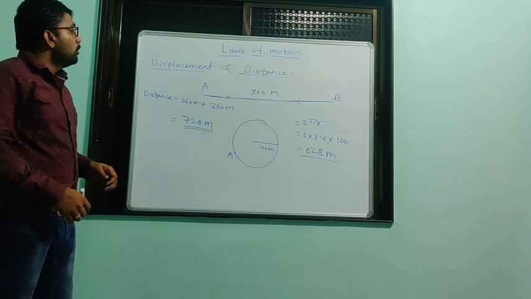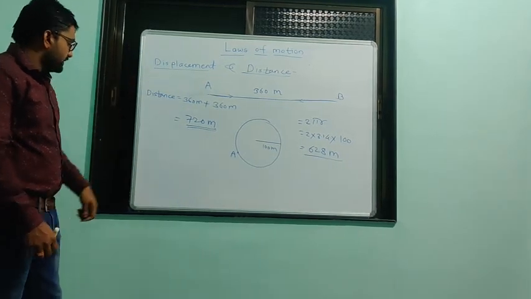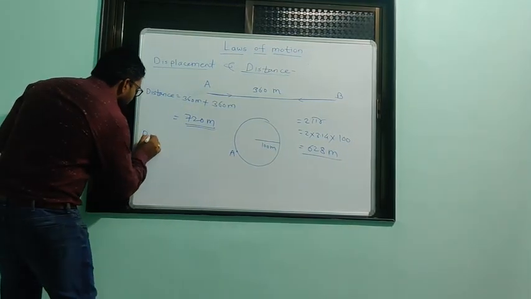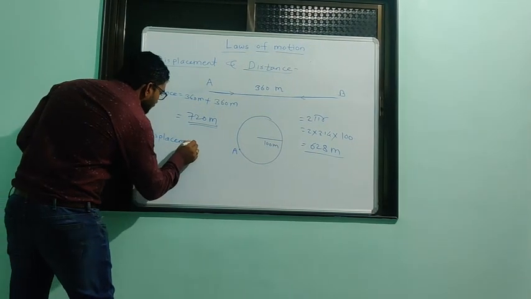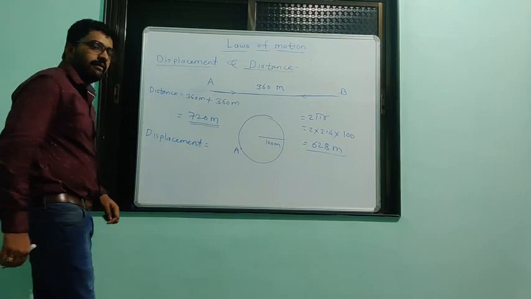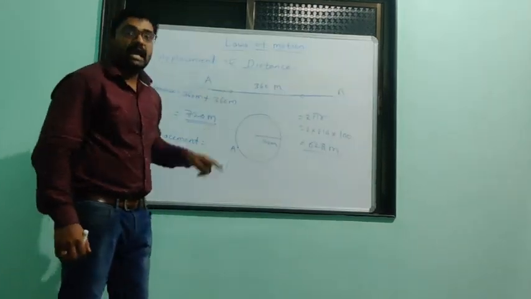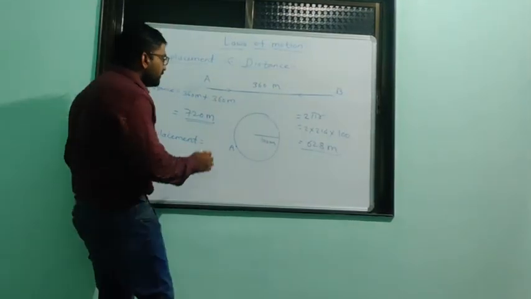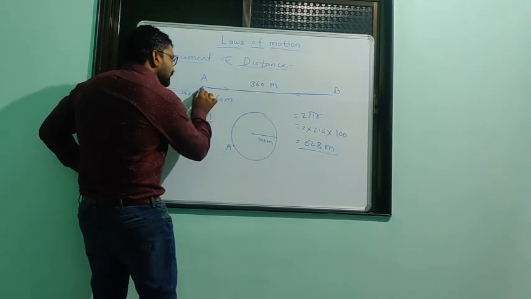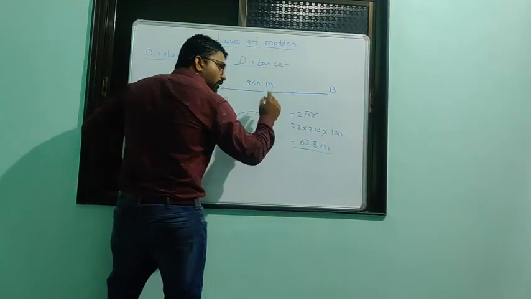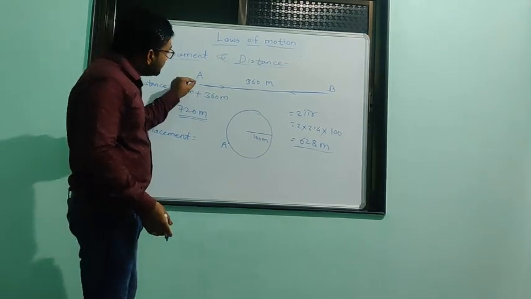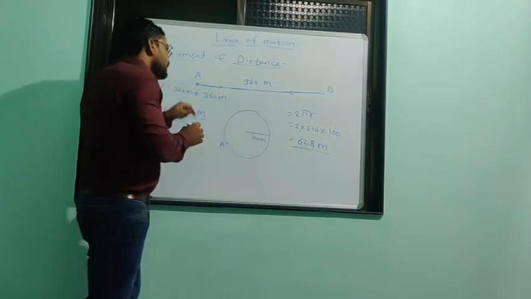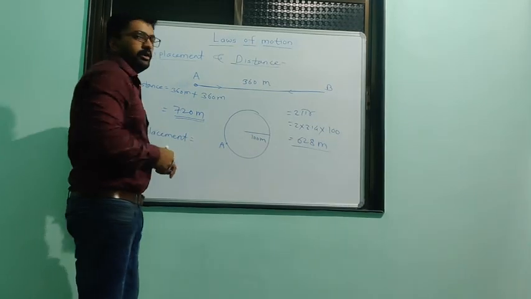Now what about the displacement? Displacement is the minimum distance between the initial point and the final point. First the car starts from here, goes toward point B and again comes back to point A. So it initially starts from here and again comes to this point.